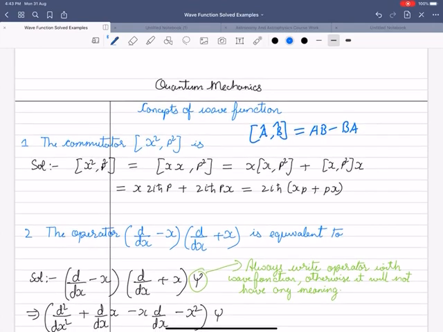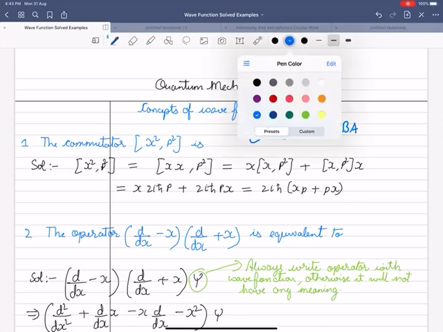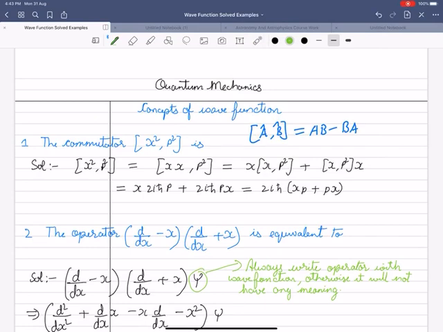So here we will solve it. Here is x square comma p square. Now you can write x square as x into x.